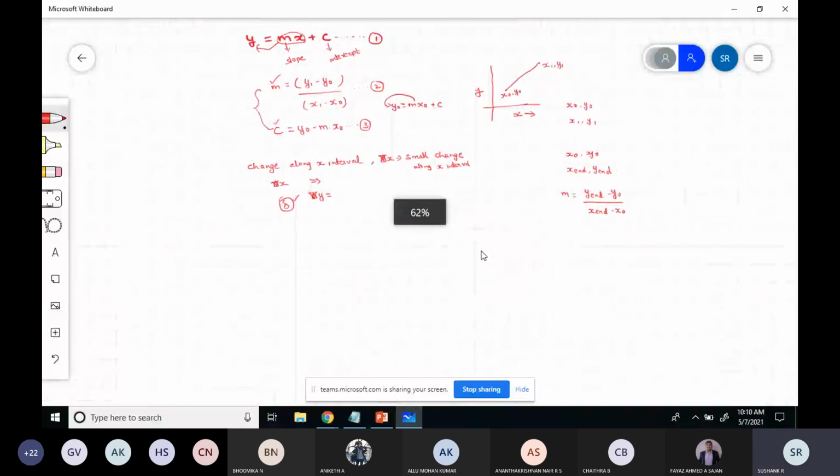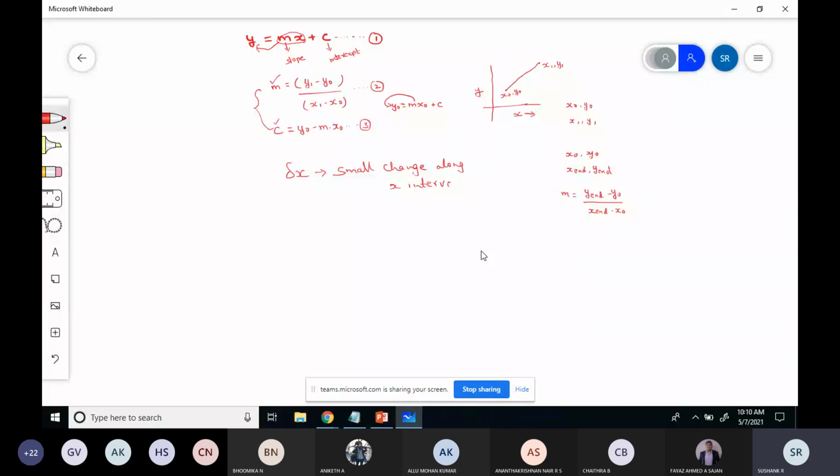Okay. Yes. So now I was talking about the change in x, right? So we'll consider delta as a representation. If there is a small change in x value, we'll take it as delta x. So delta x indicates small change along the x interval.